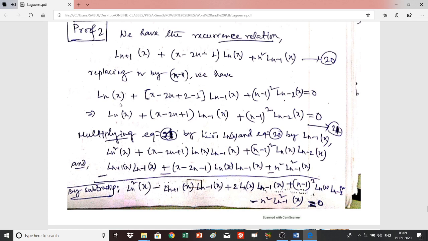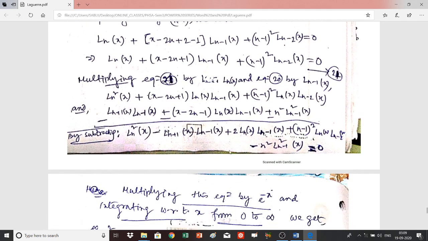the first term, if you multiply this equation by Ln x, then you will get this. Here we only multiply this equation by Ln x, and multiply this equation by Ln minus 1, that is done here. All these terms are written here, and after subtracting the second one from the first one, that will give you Ln squared x minus Ln plus 1, and all the calculation is given here.